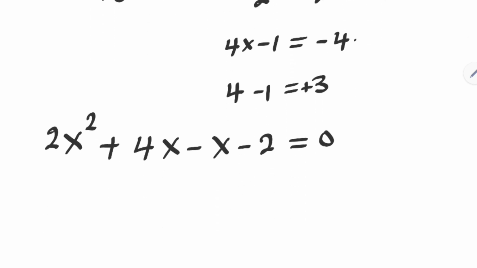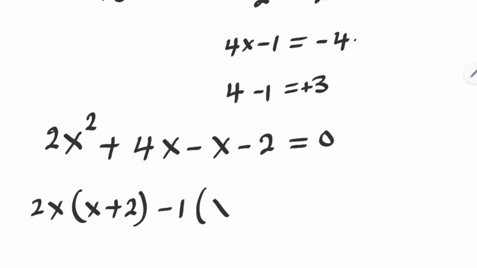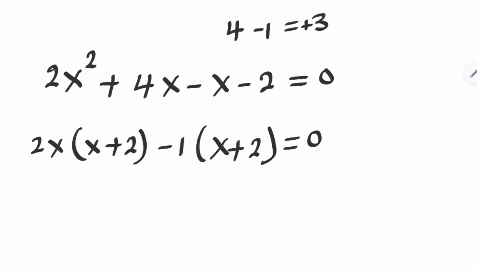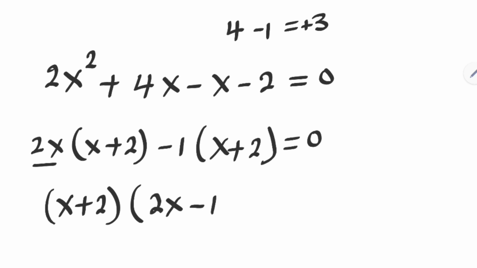Now here we have 2x bracket x plus 2 minus 1 bracket x plus 2 is equal to 0. x plus 2 is common. Let us bring it out: x plus 2 bracket 2x minus 1 is equal to 0.